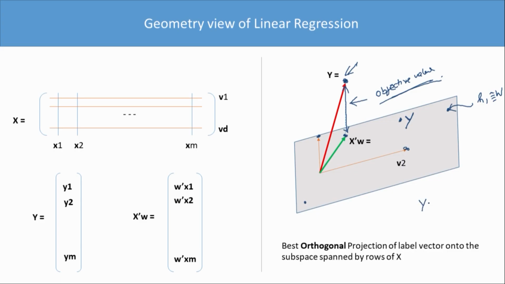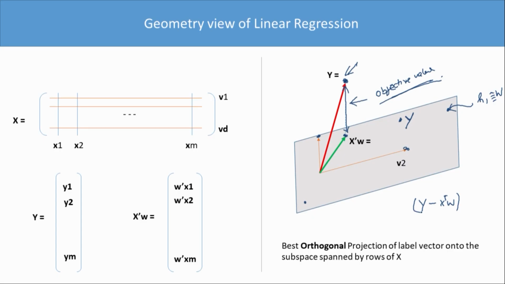So here is a question. When I say orthogonal vector, it means the vector y minus x transpose w, right? So what can you say about that vector's relation with respect to this subspace? It is orthogonal to this subspace. So which vectors in this subspace is it orthogonal to?